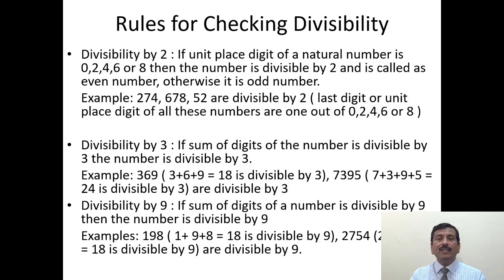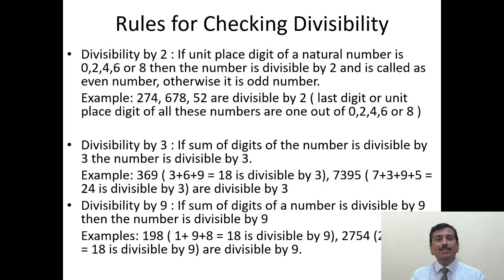Now let's see the basic rules for checking divisibility. Divisibility rule for 2: if the unit place digit of a natural number is 0, 2, 4, 6 or 8, then the number is divisible by 2 and is called an even number.